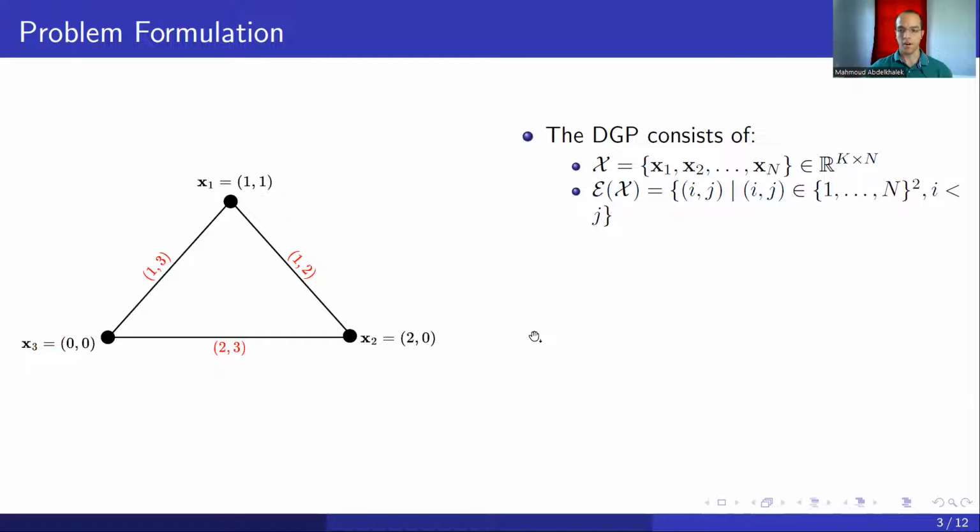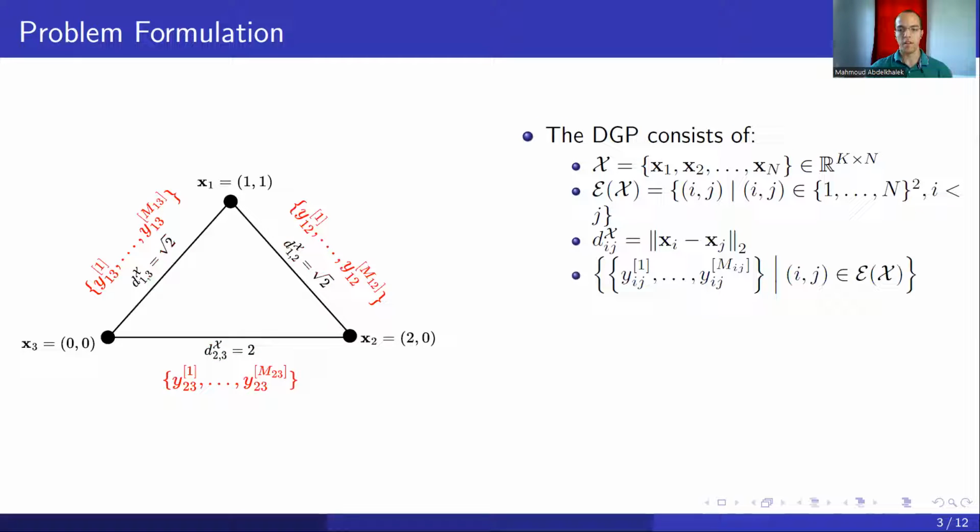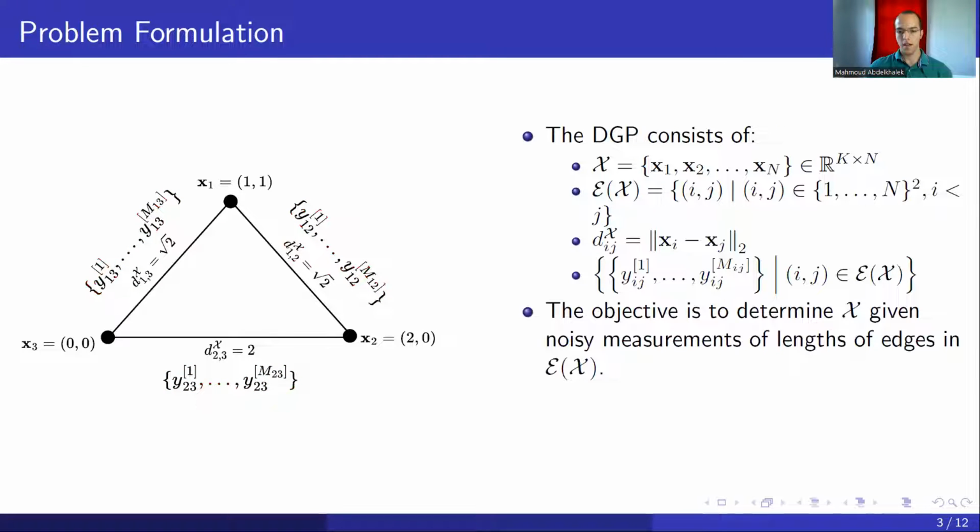Between these points, there are edges, shown in red on the left here. For each edge, we can determine its length using the distance function dij. And finally, for each edge, there's an associated set of measurements. Given these components, the objective is to determine the ground truth structure X, given noisy measurements of the edge lengths.